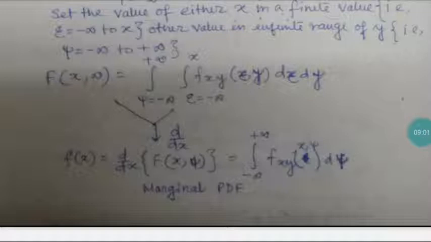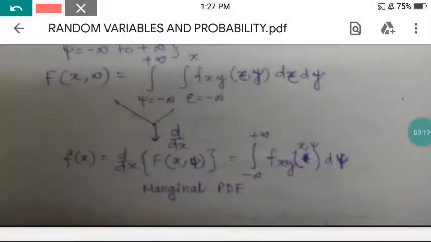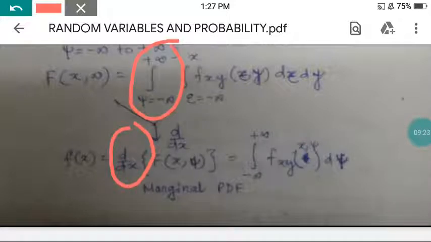The marginal PDF is a derivative of the marginal CDF obviously, where instead of F of x y we are taking F of x psi, and psi is an infinite range minus infinity to plus infinity, as I have told you. So here the derivative should be changed only to d/dx, not d/dy, because y is minus infinity to plus infinity.